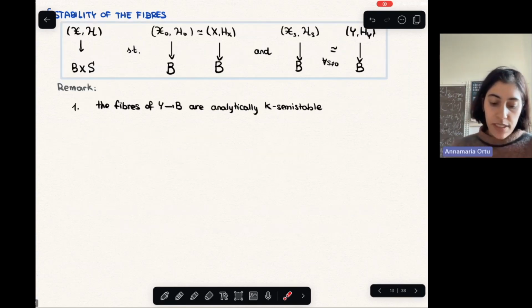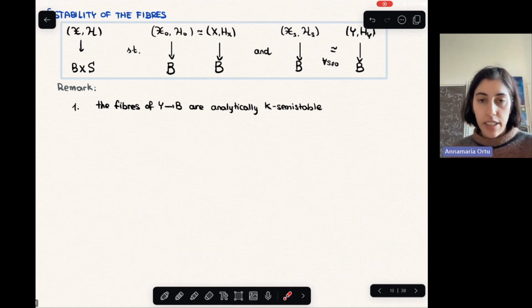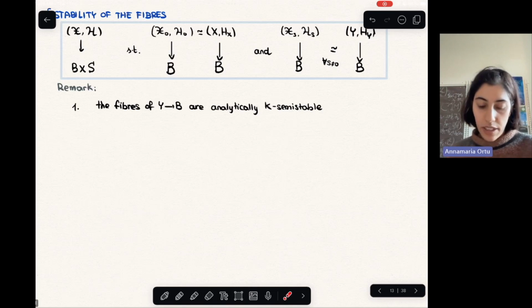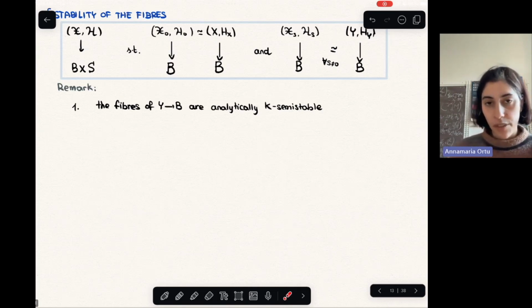So this means that the fibers are analytically K-semistable. So this is what I mean when I say that we want a stability condition on the fiber that comes from K-stability. So in particular, the constant scalar curvature metrics are K-polystable, and in this case we don't have a constant scalar curvature metric, but we can degenerate to it.